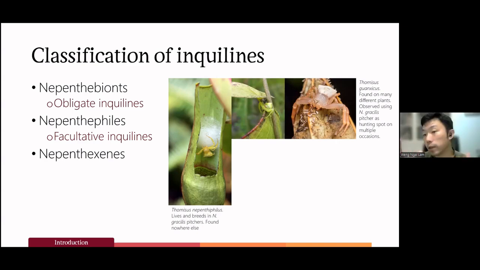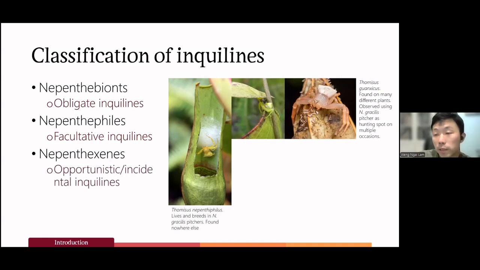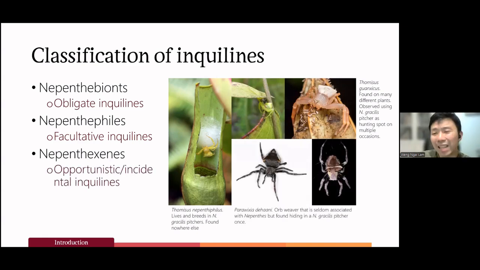But they realize that, hey, if I come near the pitcher, there's a lot of food coming in this area, and they develop a little bit of a tendency to use pitchers when the opportunity arises. Nepentazines are opportunistic, sort of incidental inquilines. An example here is this orb-weaver spider, Parawixia dehaani, which I found in pitchers before, but it's almost accidental. They generally don't use pitchers as their habitats.